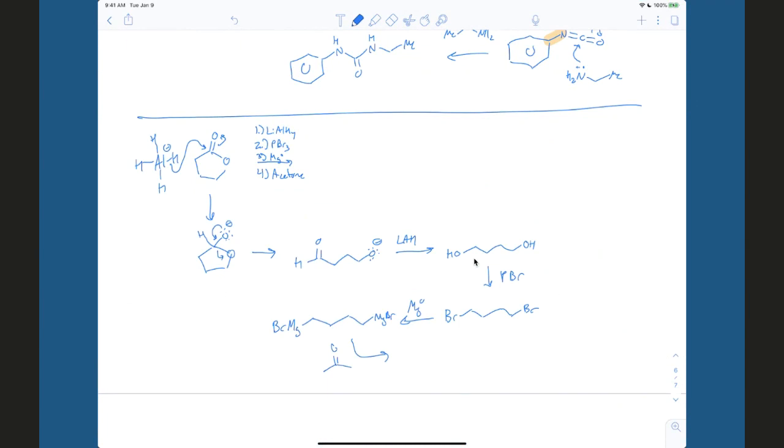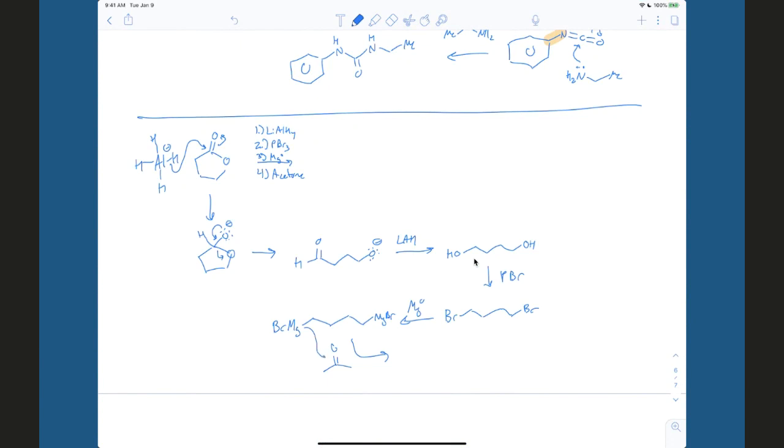So at some point in time, you have a Grignard on one side and an alkyl halide on the other. Grignards still aren't very good at doing SN2 reactions. Orbitally, this would make a 4-membered ring, which would be slow. And it could also act as a base to eliminate, but that's also going to be sort of geometrically difficult to do. But you can make these types of double Grignard reagents.